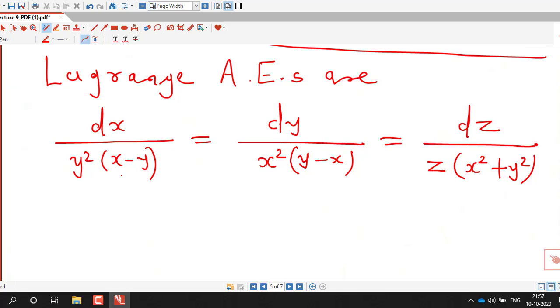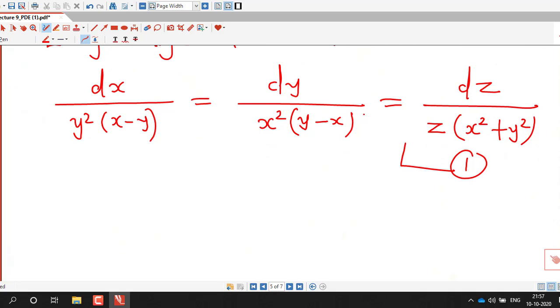Because the differentials are dx and dy, and the remaining terms are in terms of x and y only, we combine the first two fractions.